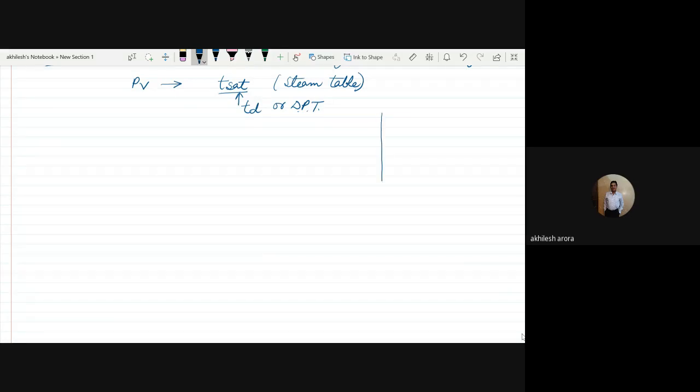If I draw a TS diagram, and suppose I would like to show the state of the moisture on it, this particular point is the superheated state. It is the state of the water vapor, and this temperature is the dry bulb temperature. This pressure is the partial pressure of the water vapor.